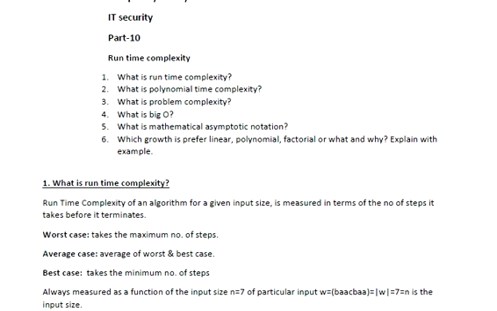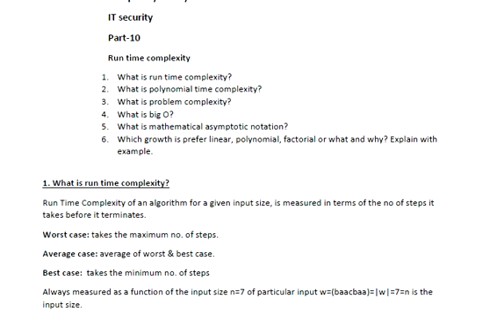Okay, so now the runtime complexity types. The first one is worst case, which takes the maximum number of steps for the algorithm to terminate for a given input size.